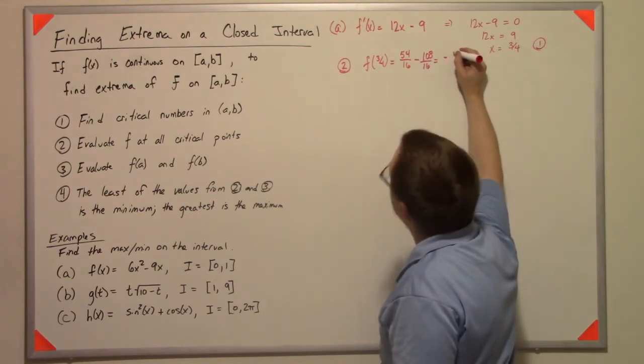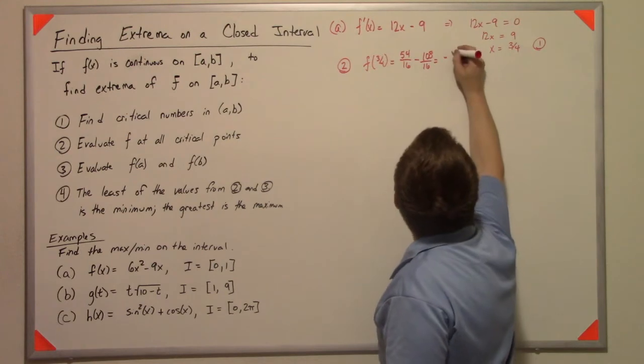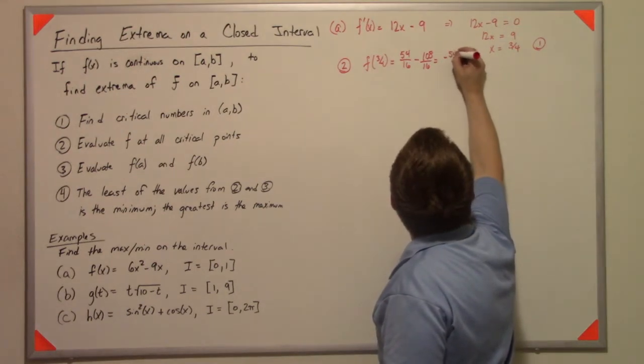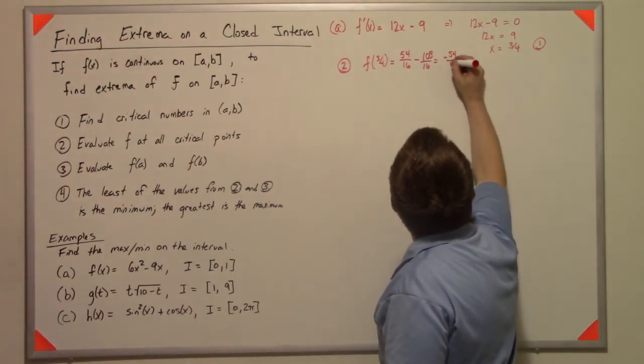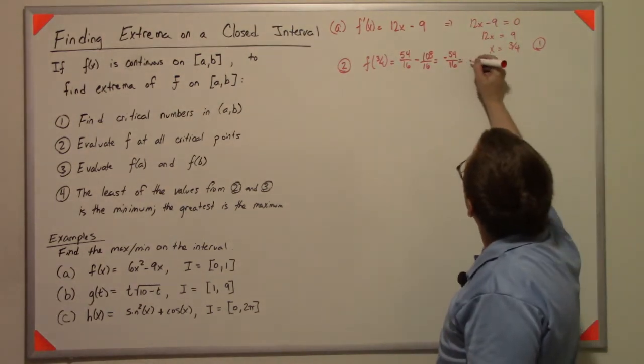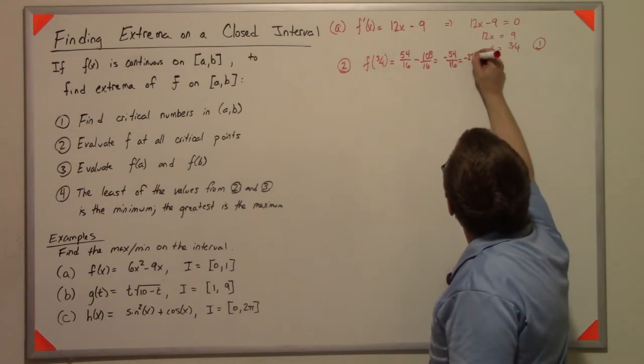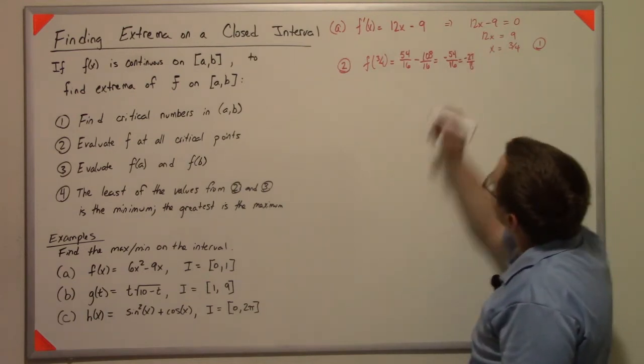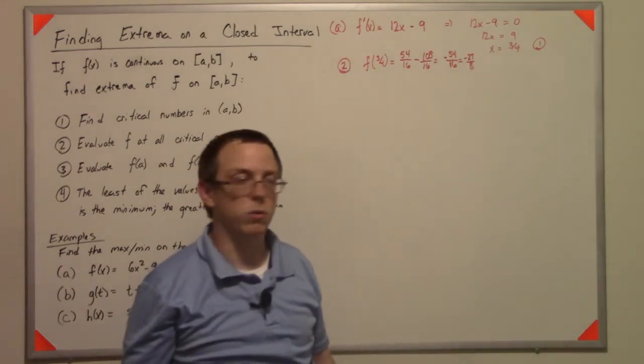Is that right? Yes. So it's negative 54 over 16, which can then be reduced to negative 27 over 8.